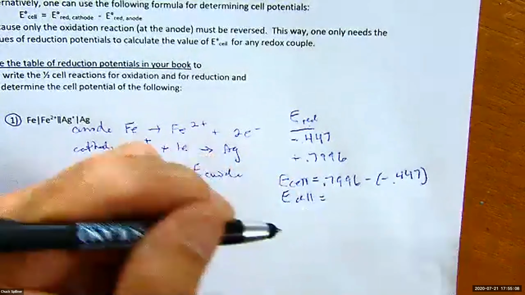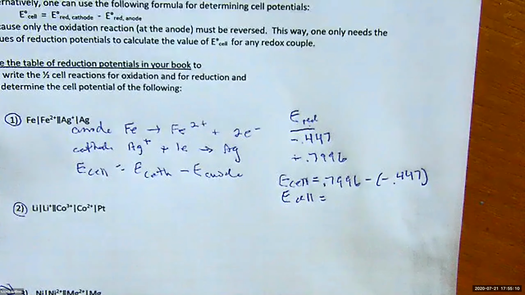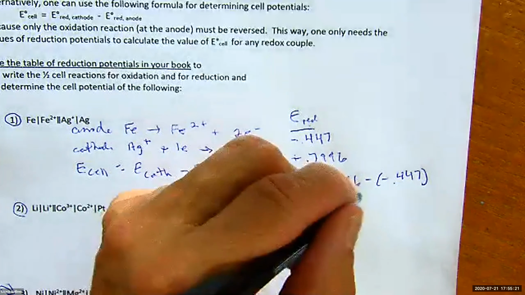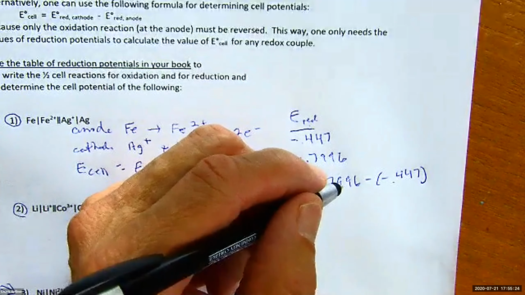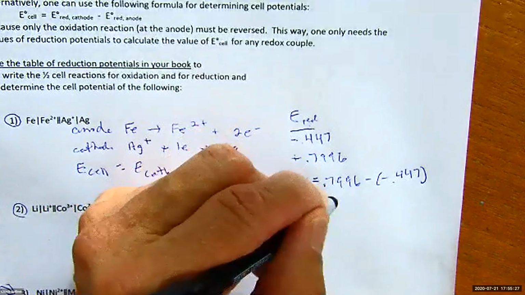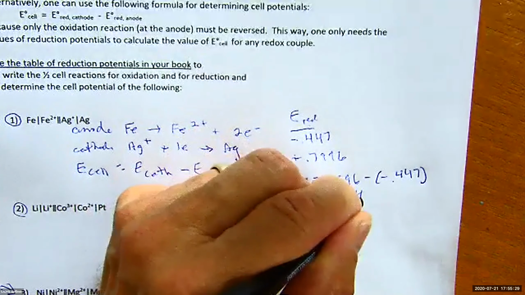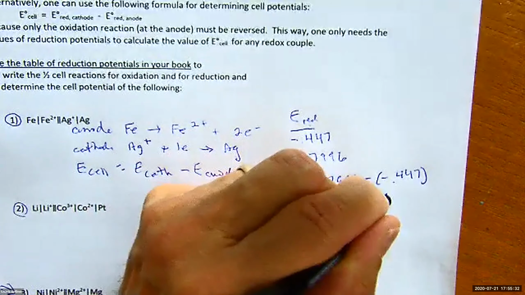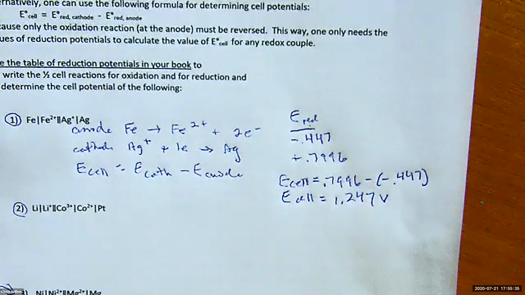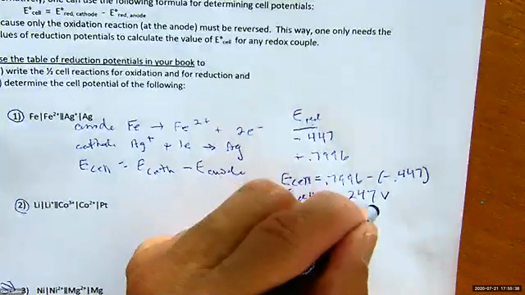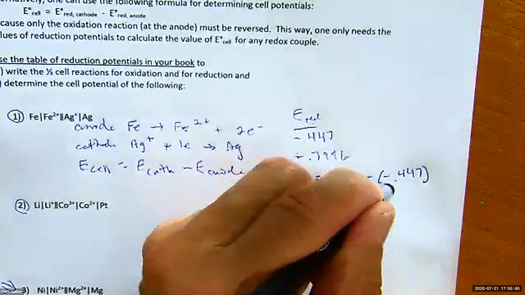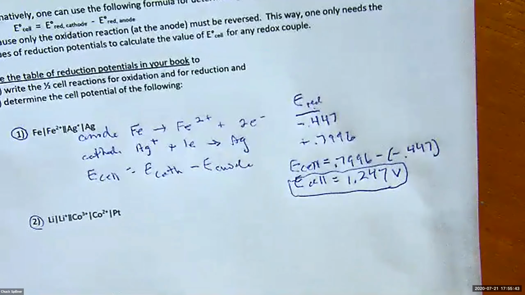So our E cell is going to be 0.7996 plus 0.447, which comes out to be 1.246, or if we use our sig figs, we can only go to 3 decimal places, so it's 1.247 volts. So that's it.